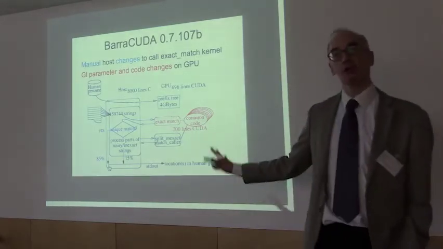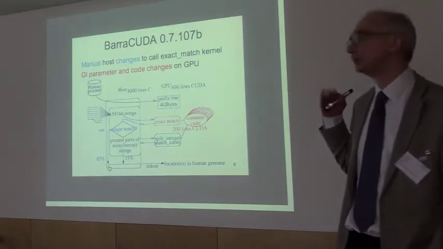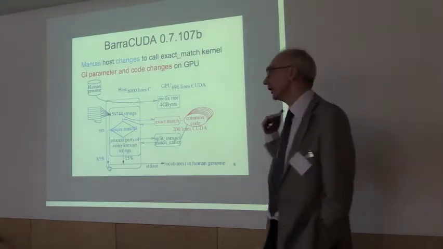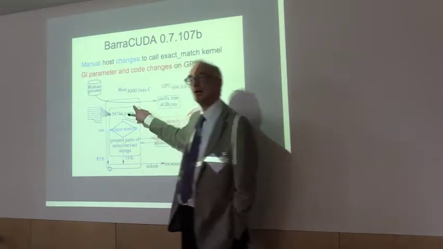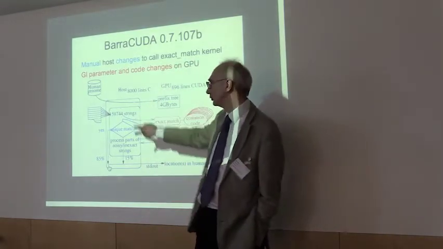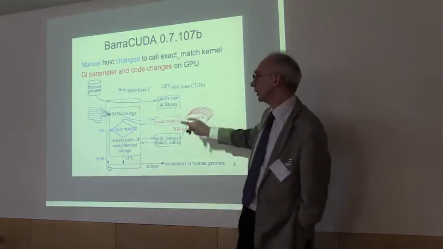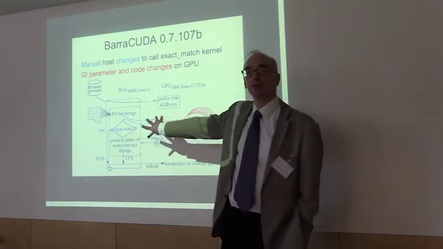This is not a pure AI approach. This is very much a working with the GI approach. So here on the left-hand side, we have the original host code, and this is the GPU code. In blue, I hope you can see that, is stuff that I've done by hand.